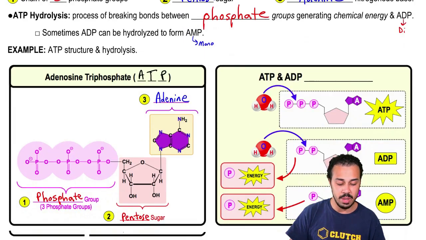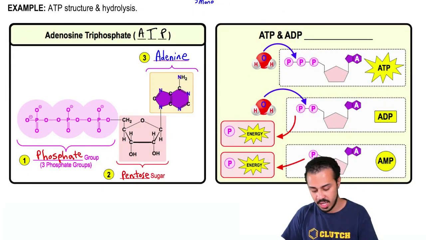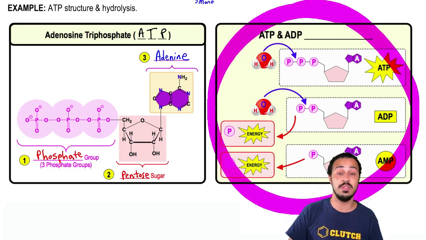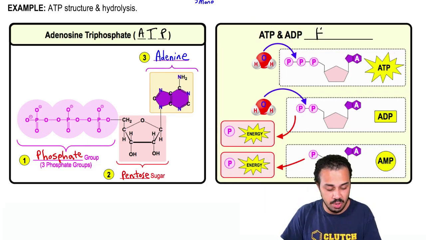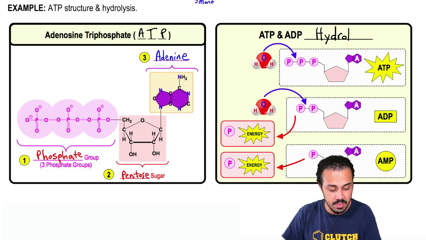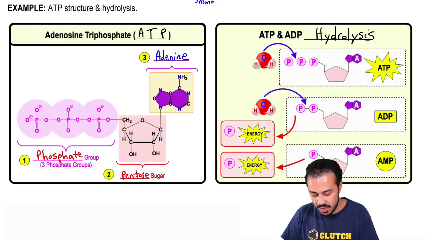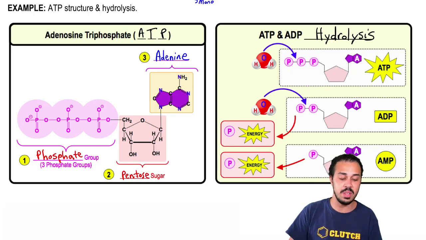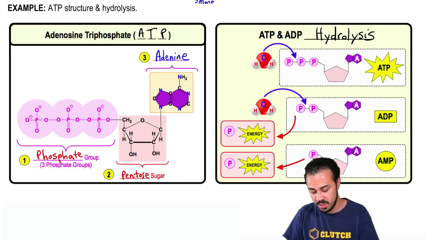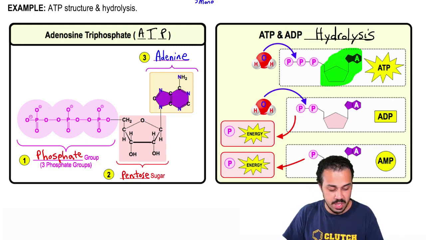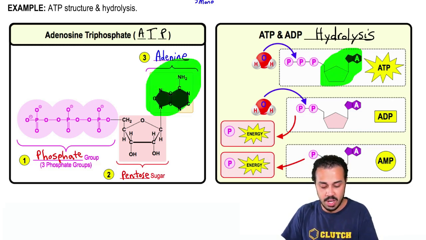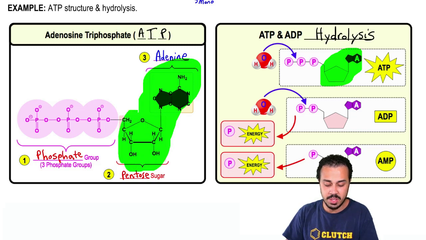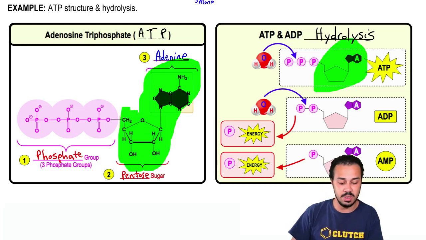So let's take a look at our image down below over here on the right-hand side to get a better understanding of ATP and ADP hydrolysis. And so notice that at the very top here, we're starting with an ATP molecule. This is another representation of an ATP molecule. Notice that the adenosine is right here, the nitrogenous base, and the pentose sugar is represented right here in green.